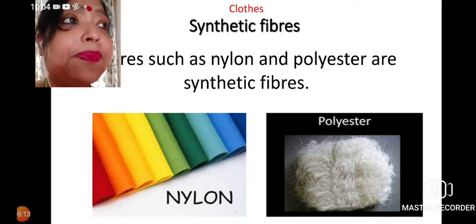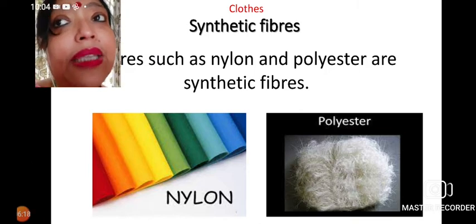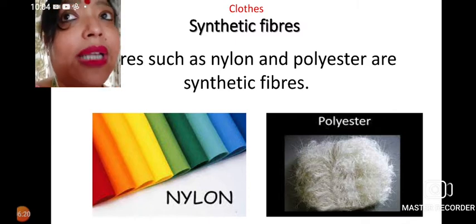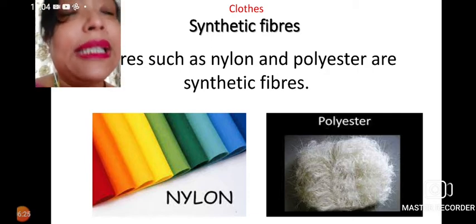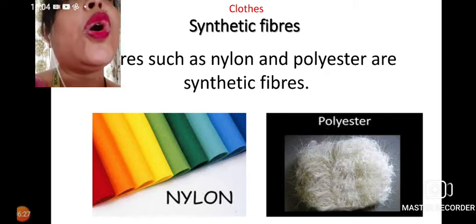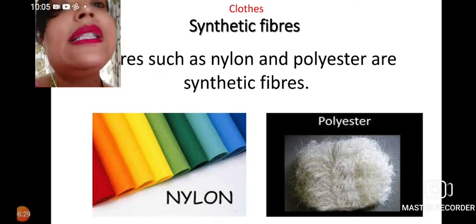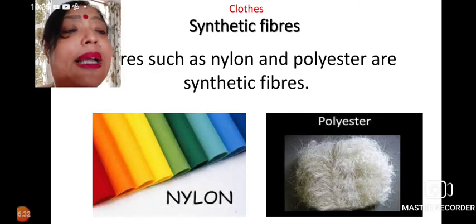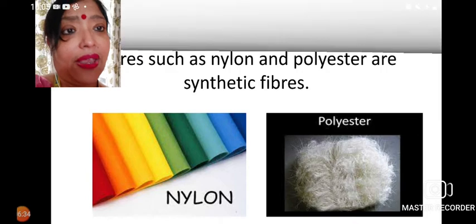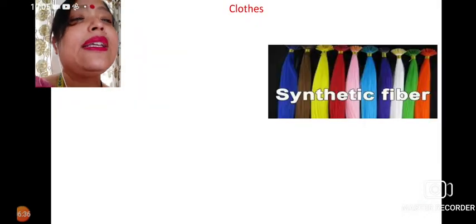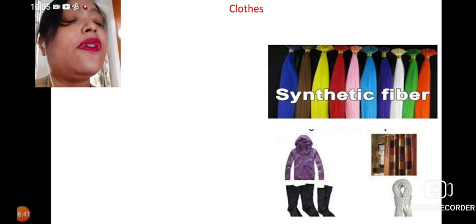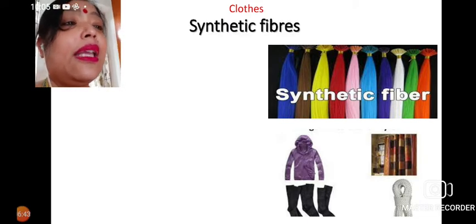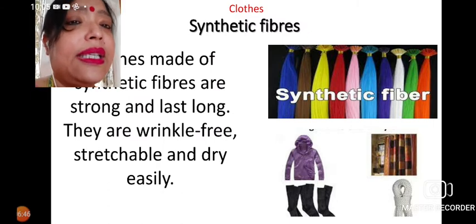In some products, it is wise to use the synthetic fiber because of its longevity or its toughness. Even in the picture, you can see these are also different types of synthetic fibers.